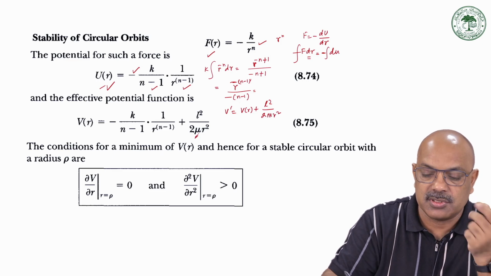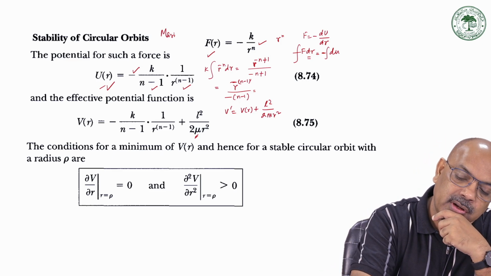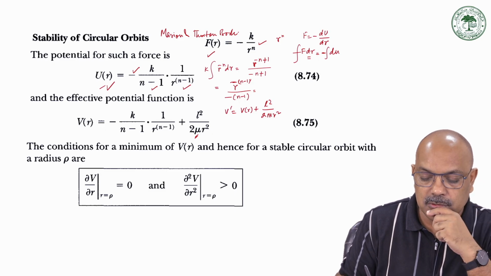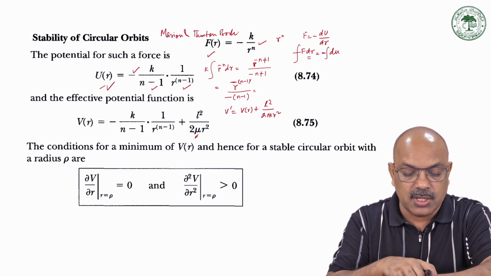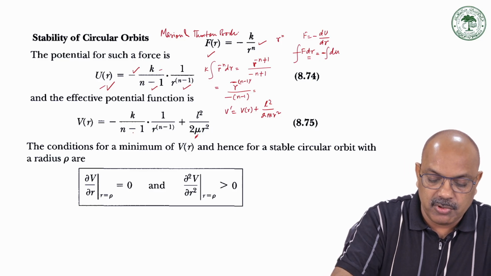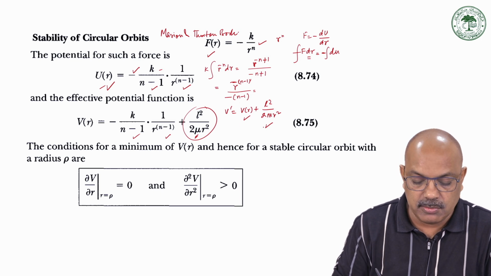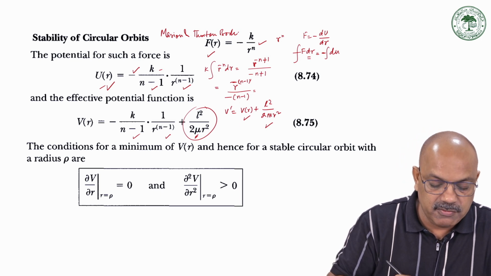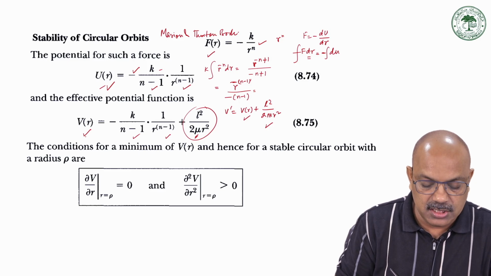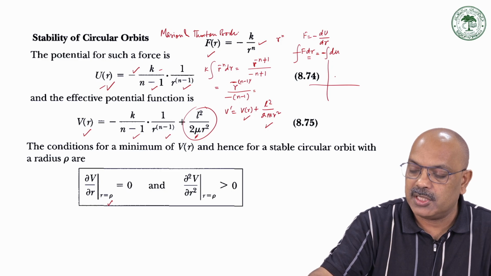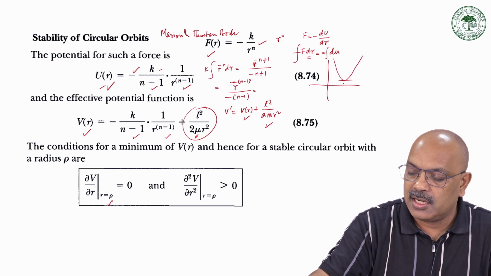Here this is mu, because this text is from the Marion and Thornton book, so you can go through that from this book too. So this is my original potential V(r), and this is the centrifugal part, L squared by twice mu r squared.